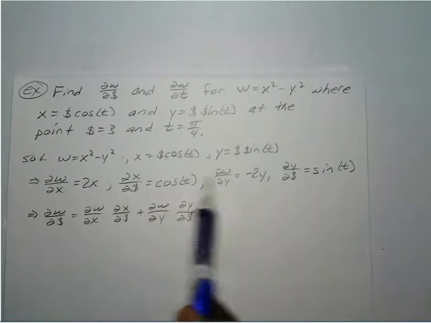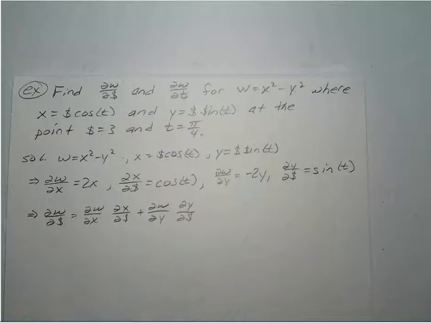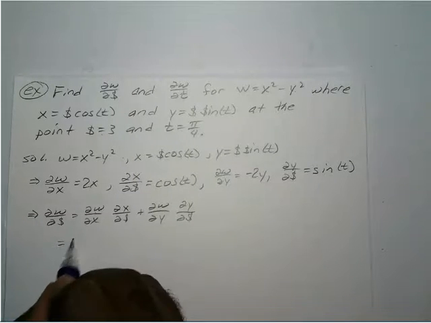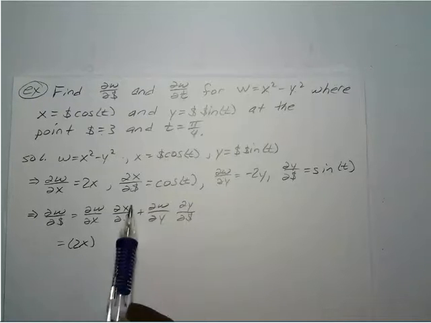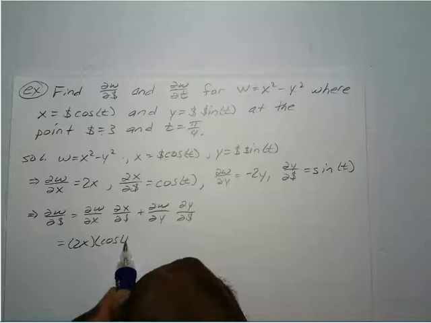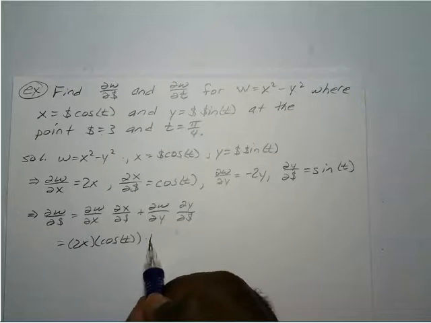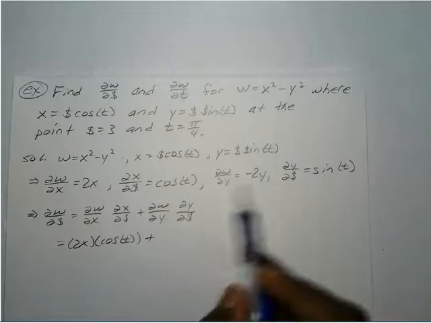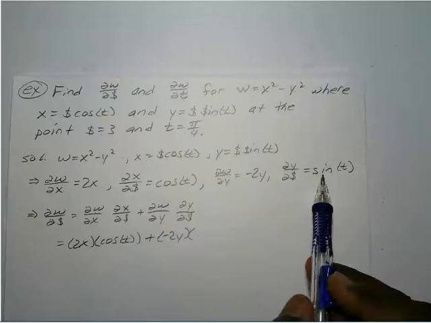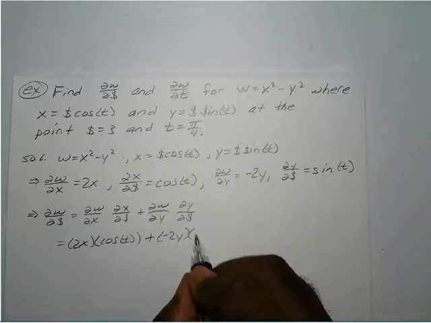Okay, so we're just going to get each one of those, plug them in. So that's going to equal partial of w with respect to x is 2x. Partial of x with respect to s is cosine of t. Plus partial of w with respect to y is negative 2y. Times partial of y with respect to s is sine of t.